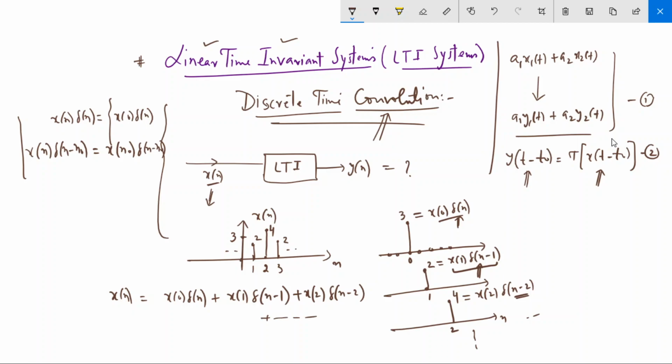And if it is a signal in the left side, it will be x of minus 1 into delta n plus 1, and so on. Okay. So any signal which is discrete can be expressed using this equation as a linear combination of weighted unit impulses.